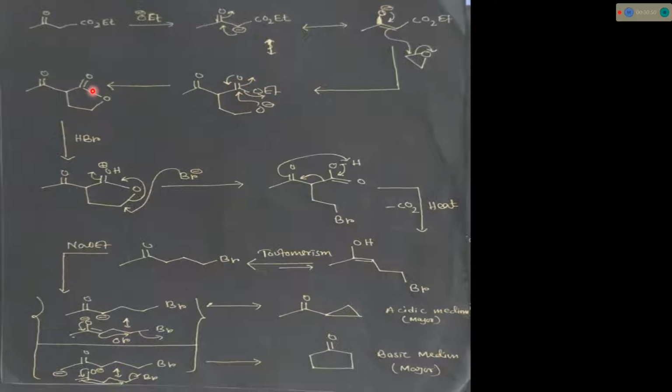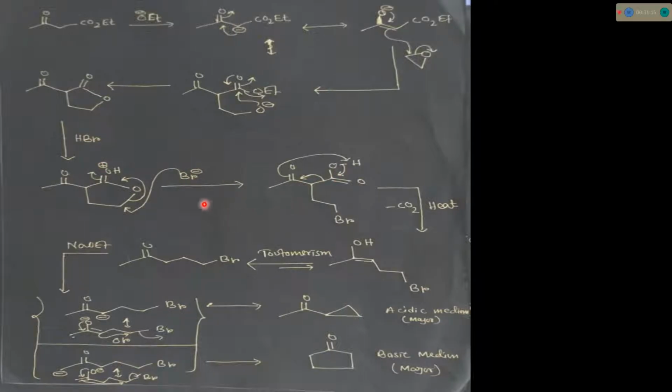So now this cyclic lactone is formed. If we use HBr, then this carbonyl O becomes protonated, and this Br minus will attack these positions. Now this bond will break and this charge becomes neutralized.